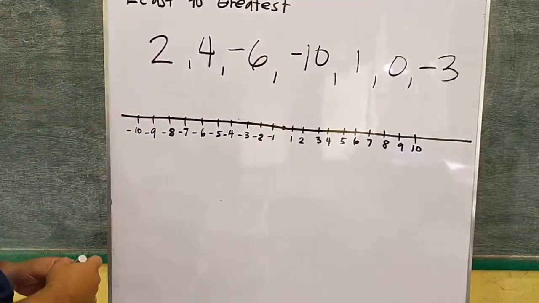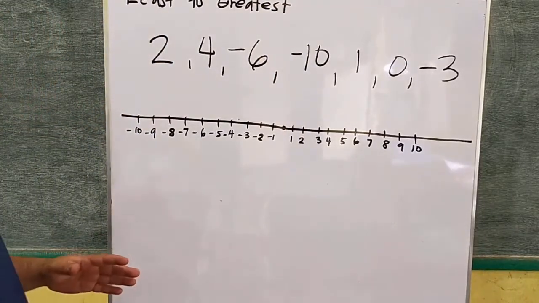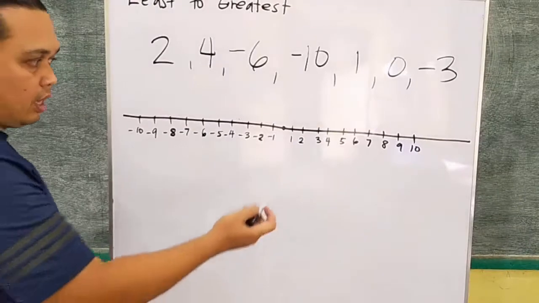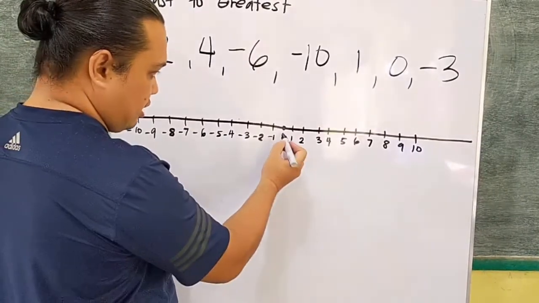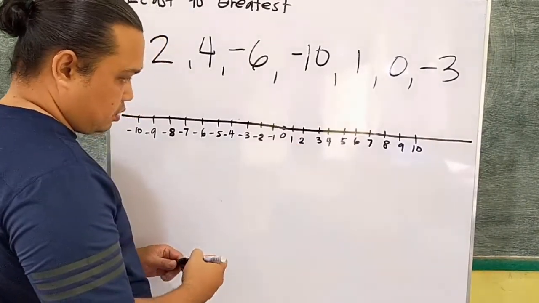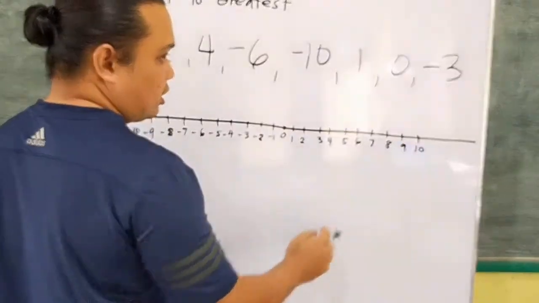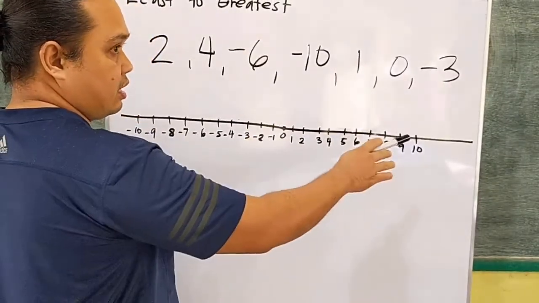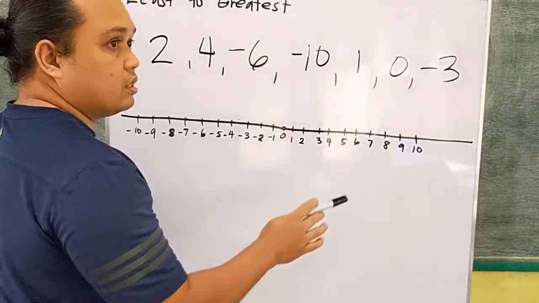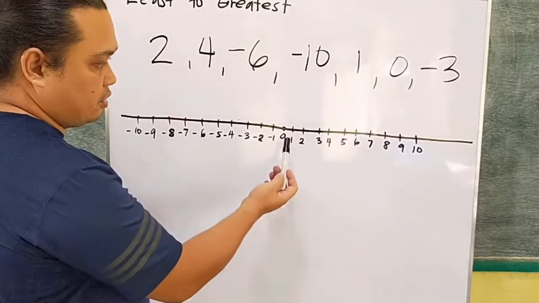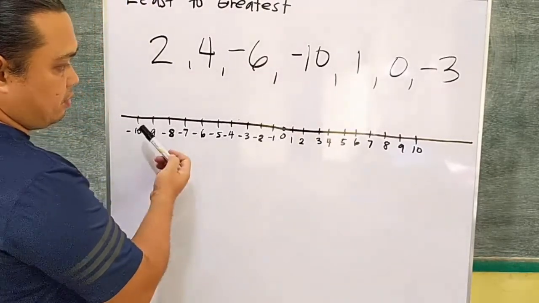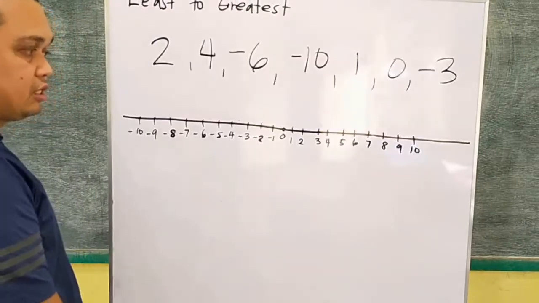Okay, so by basing on the value system, we have 0 here at the point of origin, center. To the right of 0, the further the right the number is from 0, the greater the value. But the further the number to the left of 0, the lesser the value.